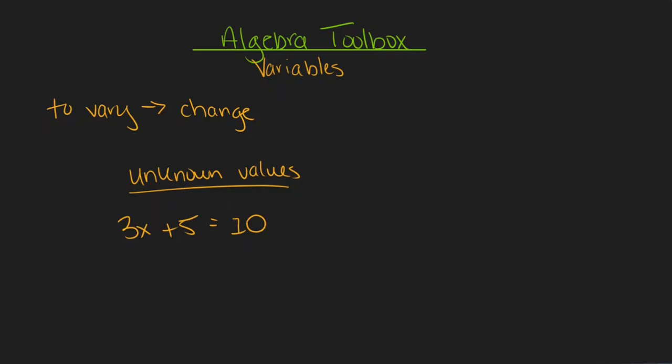We said that variables can also represent values that can change. For example, if I just had the expression 3x + 5, that tells me that I'm going to get a different value for that expression with every different number that I might plug in for the value of x. So x is representing a wild card in this expression. It's something that could change every time that we evaluate the expression.